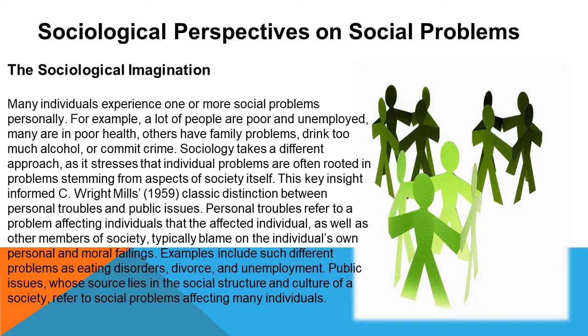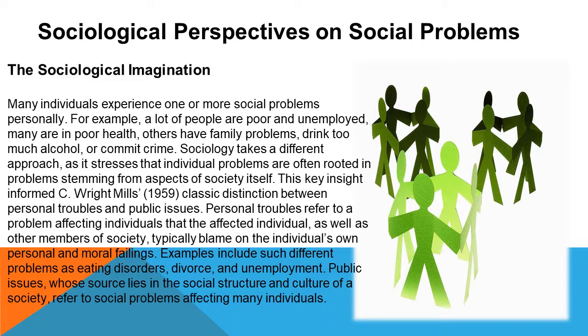Wright Mills's 1959 classic distinction between personal troubles and public issues. Personal troubles refer to a problem affecting individuals, the affected individual as well as other members of society, typically blamed on the individual's own personal and moral failings.